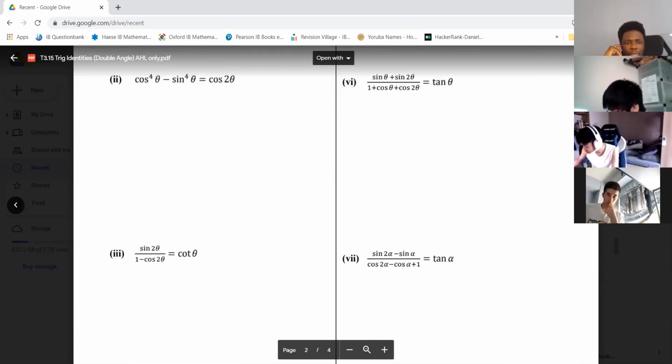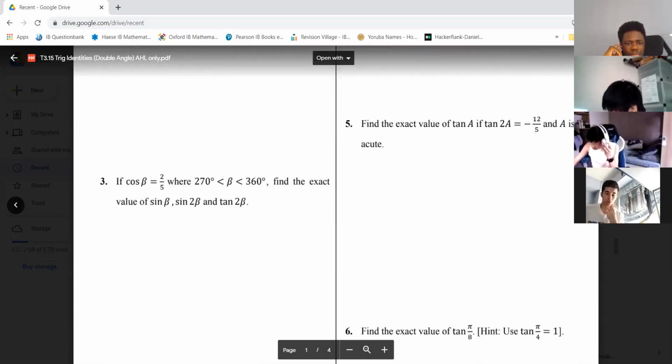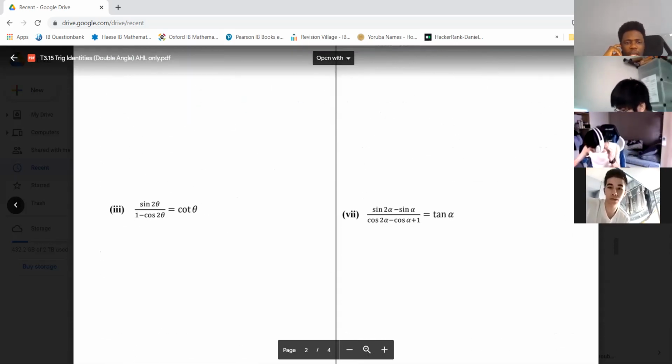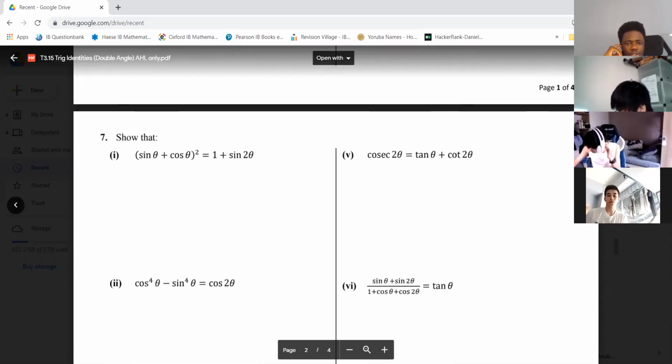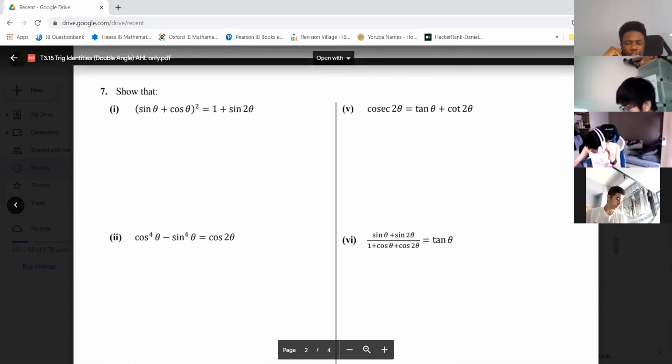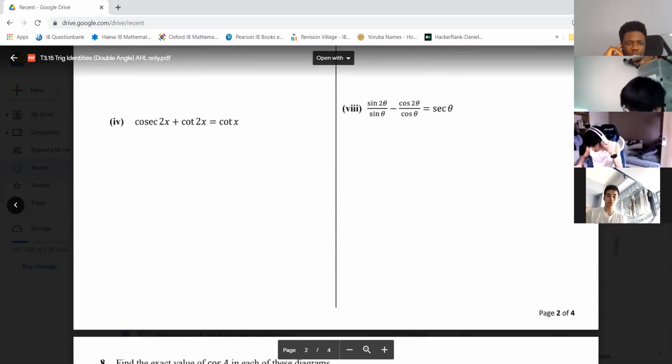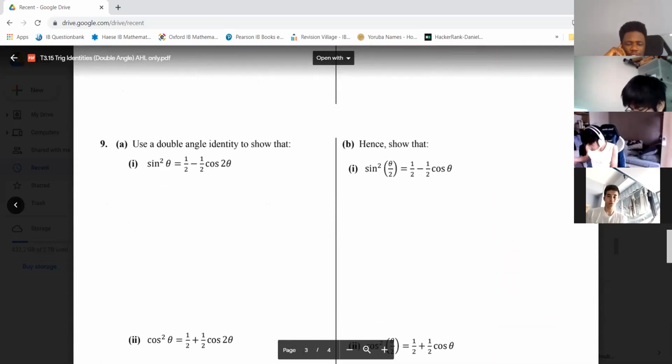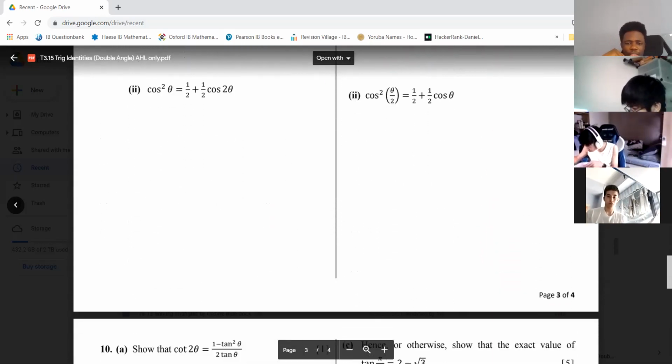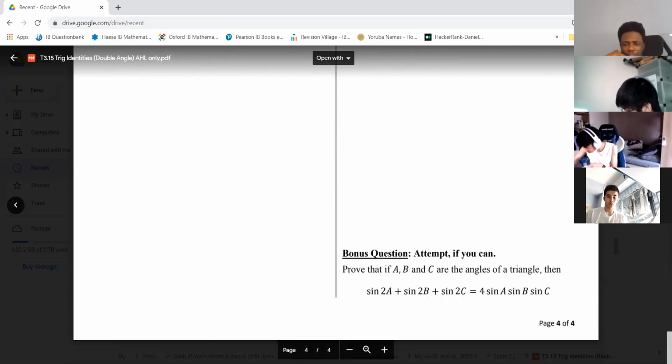Please attempt not only question 10, but question 7, which we didn't touch because I believe it should be easy for you to do. Everybody must complete question 7 and the second part of question 8 and question 9 and question 10. So please do that and return to me by Wednesday latest.